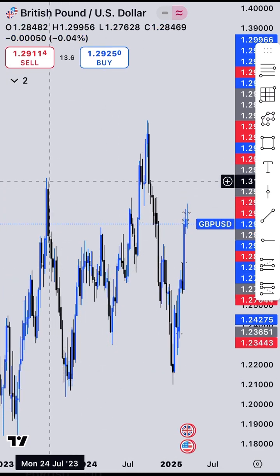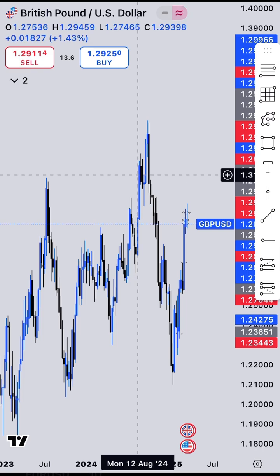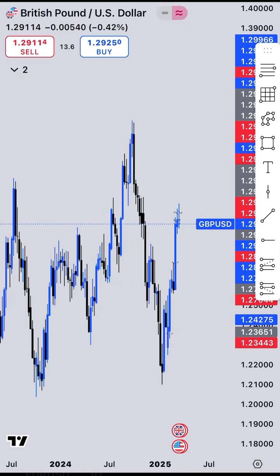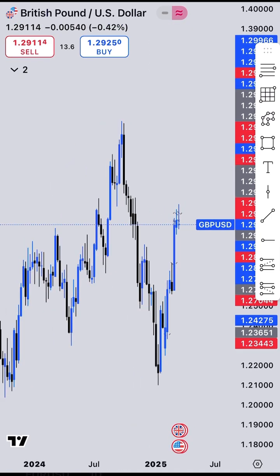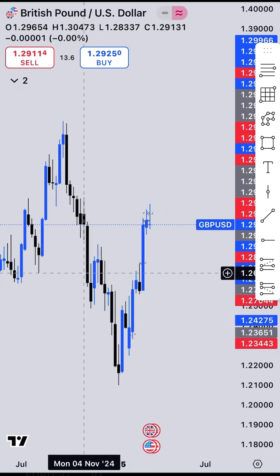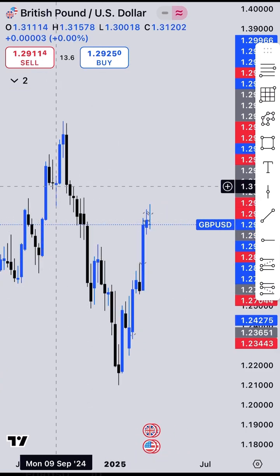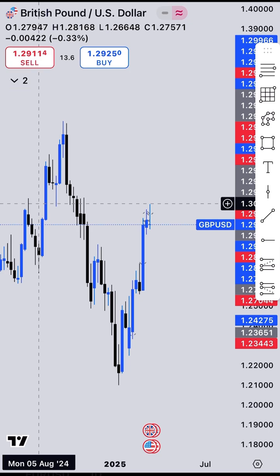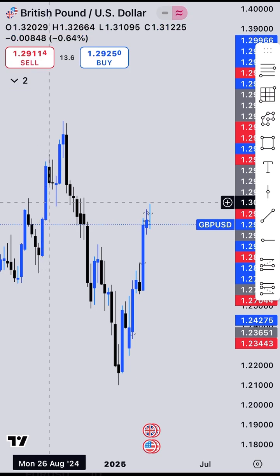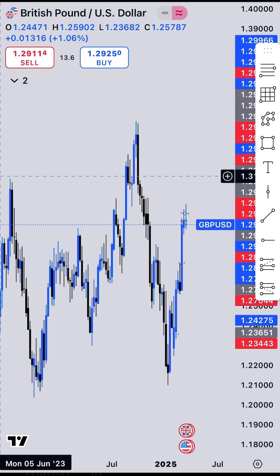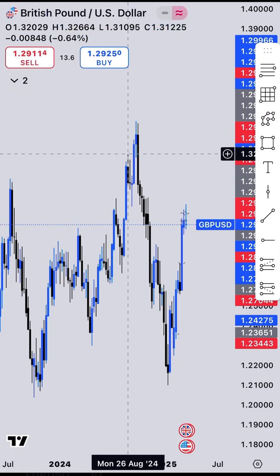Now if we take a look at the chart, when price took out this external range liquidity, took out this high, price made what? Price made a rejection to fill this imbalance. Immediately price filled it. So this is the first leg.